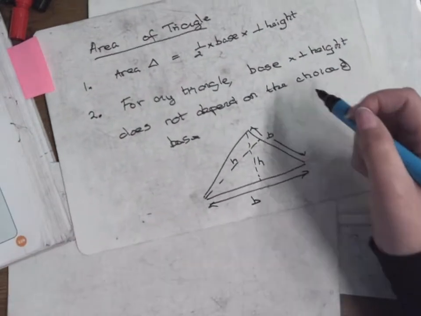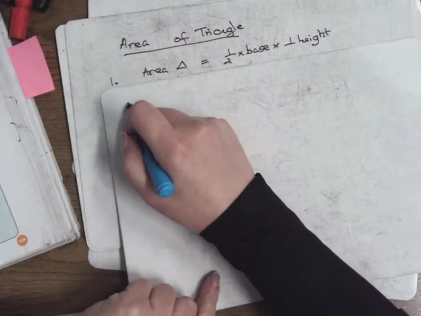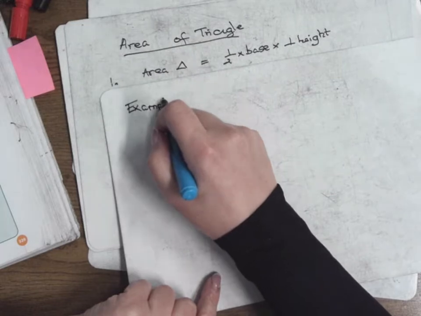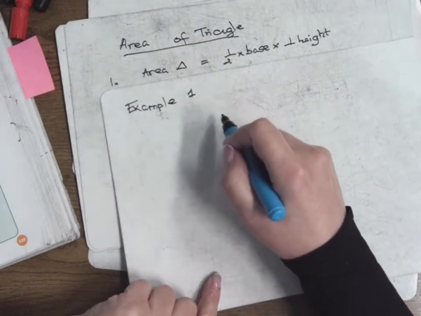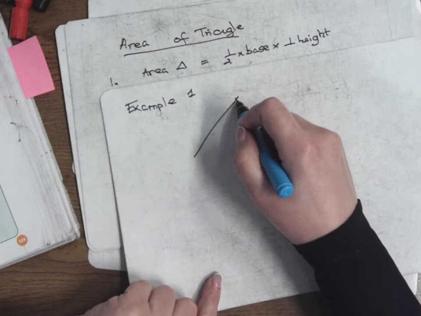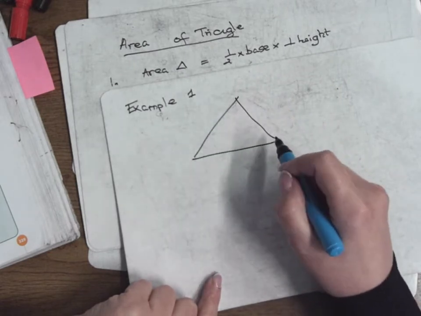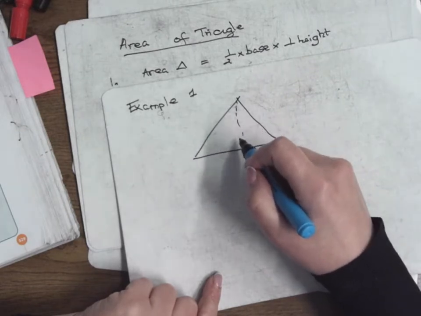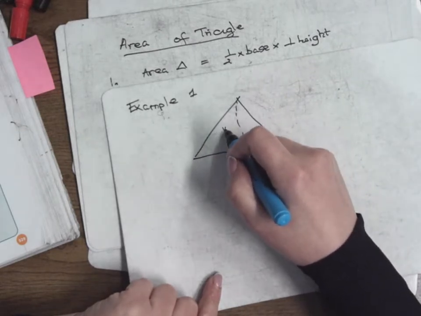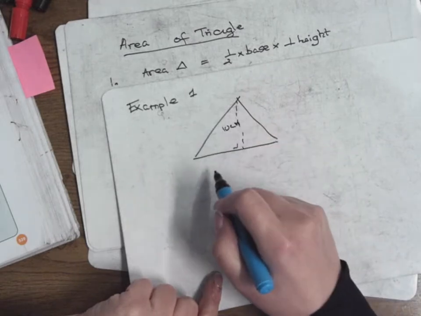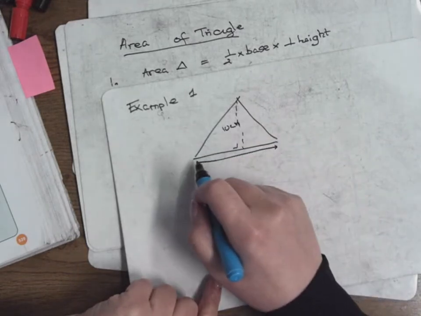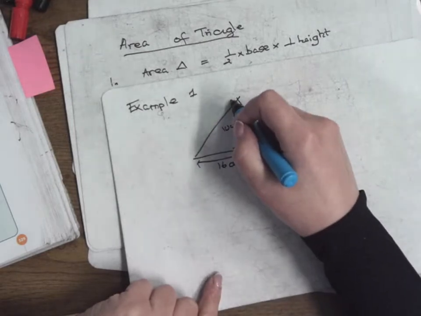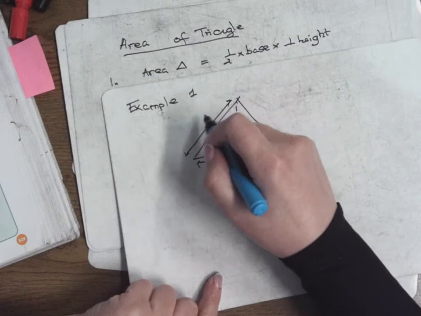Okay, so one example, only example. If I have a triangle and I'm telling you that's a perpendicular height because it makes a right angle, and the perpendicular height there is 10 centimeters, and the base is 16 centimeters, and this side here measures 12 centimeters.